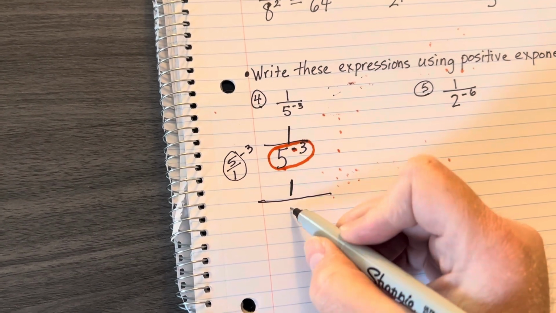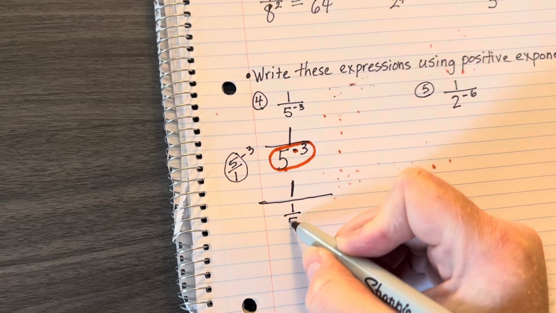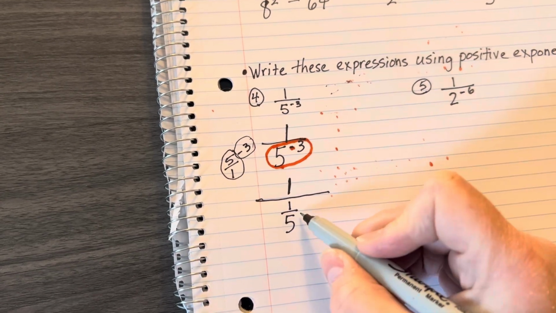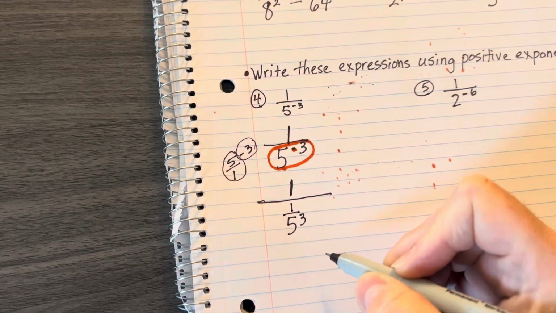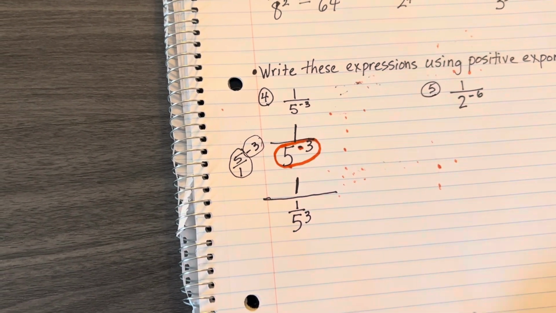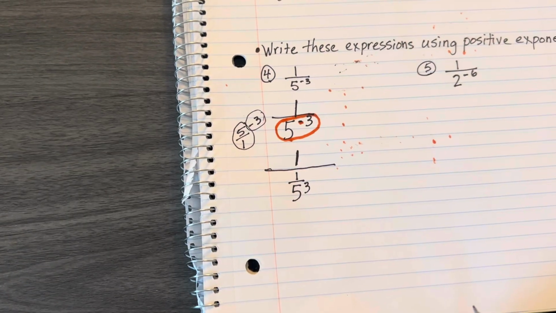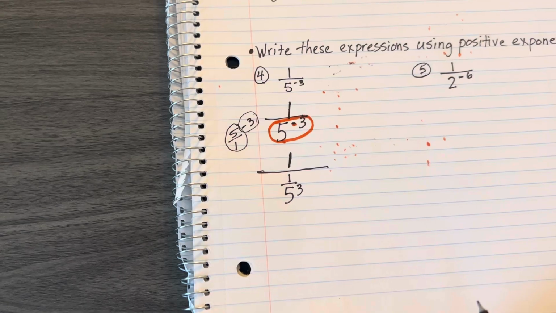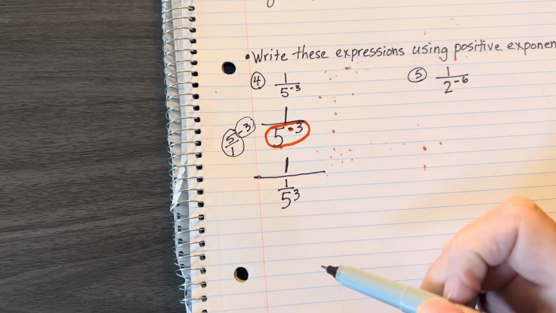We'll flip it to be 1 over 5. And then you have to change that negative 3 to a positive 3. Now, there's one additional thing you have to think about here. And I hope that I'm doing this the way your teacher is doing it.